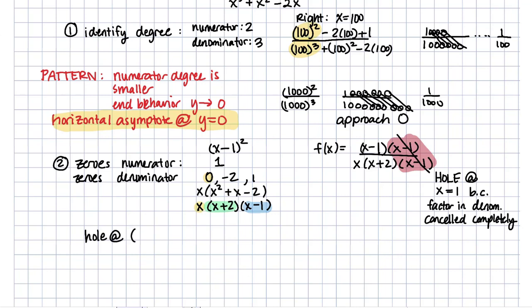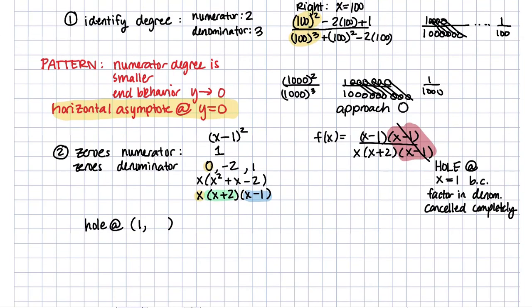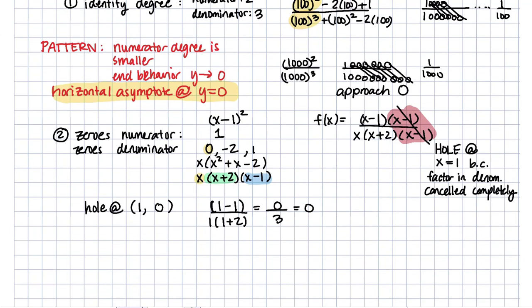We want to know what is the y coordinate for the hole. So let's plug that x value into our reduced function: 1 minus 1 over 1 plus 2. That gives me 0 over 3, which is 0. Okay, so we have our hole at (1, 0).